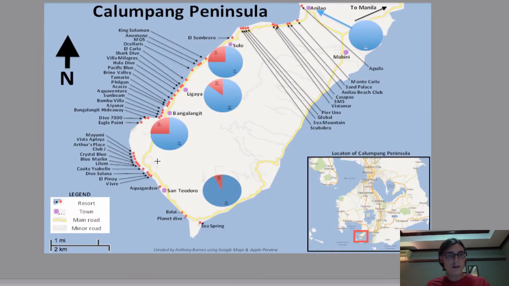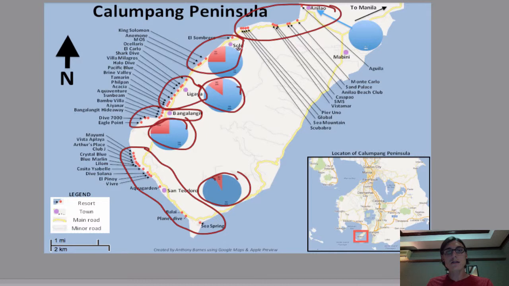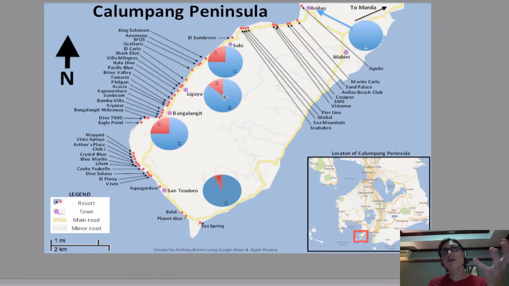So all of these resorts, I just decided to take these resorts here in San Teodoro, these ones here in Bangalangit, these ones here in Ligaya, these ones here in Sulu, and then these ones here in Anilao. And again, that is my representation. Of course, I would say that these are the resorts that I chose for these pie charts in my analysis. But you get the point. Essentially, instead of just showing the bar graphs, I represented the data more spatially by putting it right onto the map.